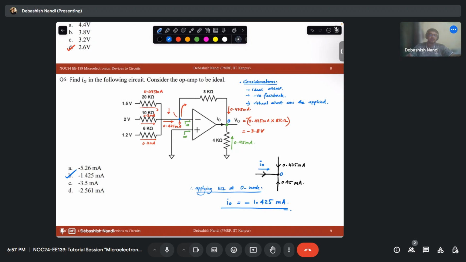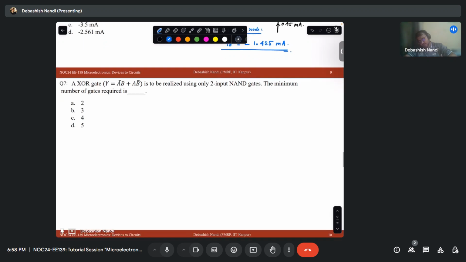The purpose of this problem is to make you understand that virtual short is applied, and second, that you do not get confused about the direction of the current flow. You should keep in mind the sign of the current flow. Fine. Okay, let's move on to the next problem.